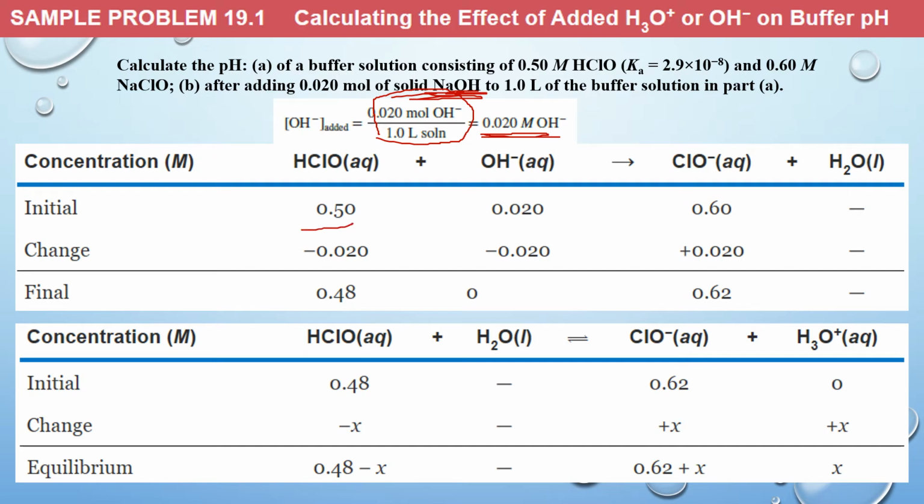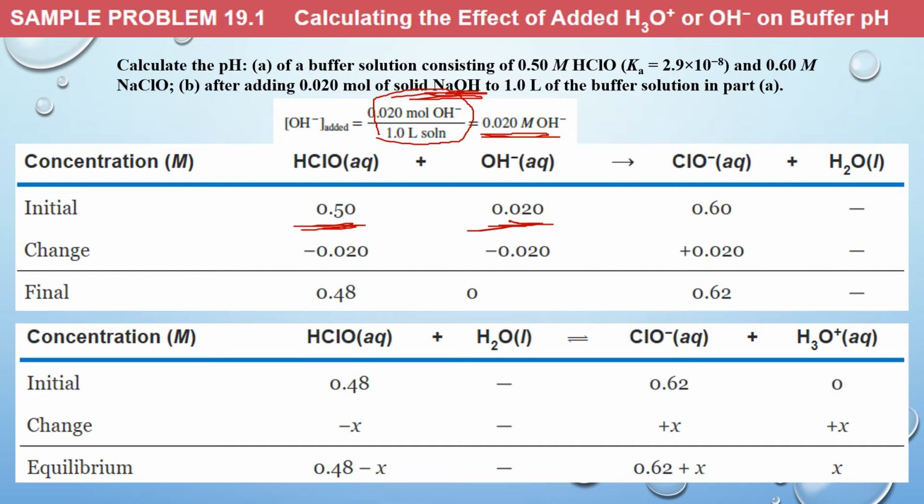Because you start with 0.5 molar of this acid, by adding 0.02 molar of hydroxide, this reaction is a one-sided reaction, because this is a strong base, so it will go to completion. So the amount of the acid decreased will be 0.5 minus 0.02, because 0.02 molar of the acid is consumed by 0.02 molar of the hydroxide.